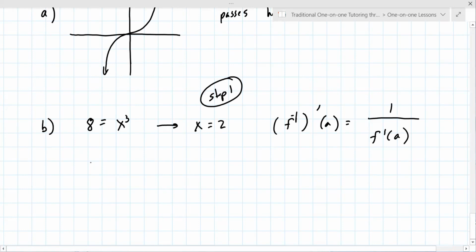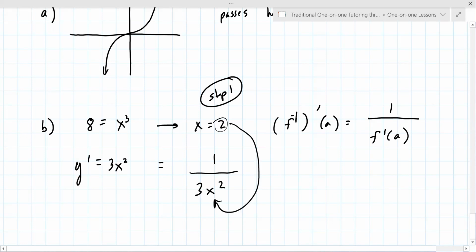Yeah, so you take the derivative of the original. So y prime is 3x squared. And because 2 is the place where you care about it, it's 1 over 3x squared, and then you put that 2 in for x. So it becomes 1 over 3 times 2 squared, 1 over 12.